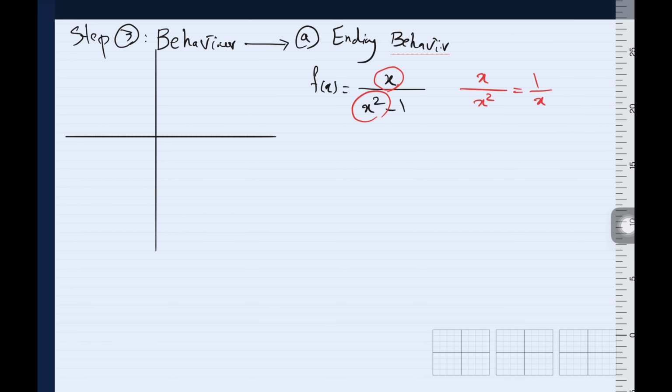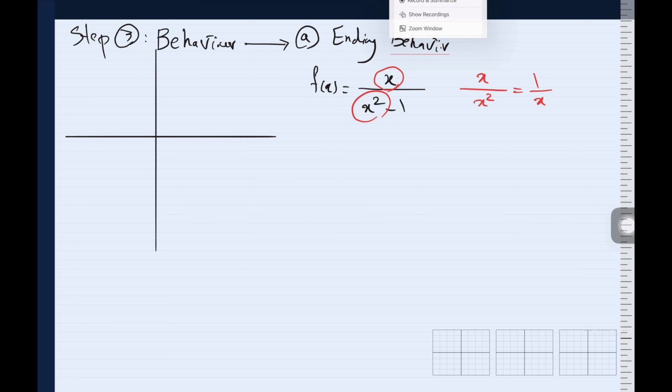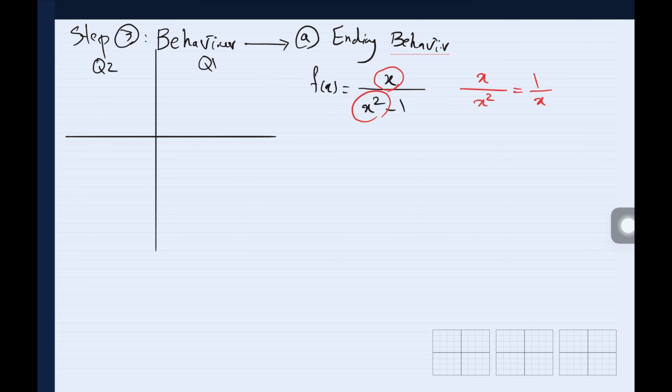So imagine, as you know, this is quadrant 1, this is quadrant 2, this is quadrant 3, and this is quadrant 4. What can I do by having the ratio of the leading terms?